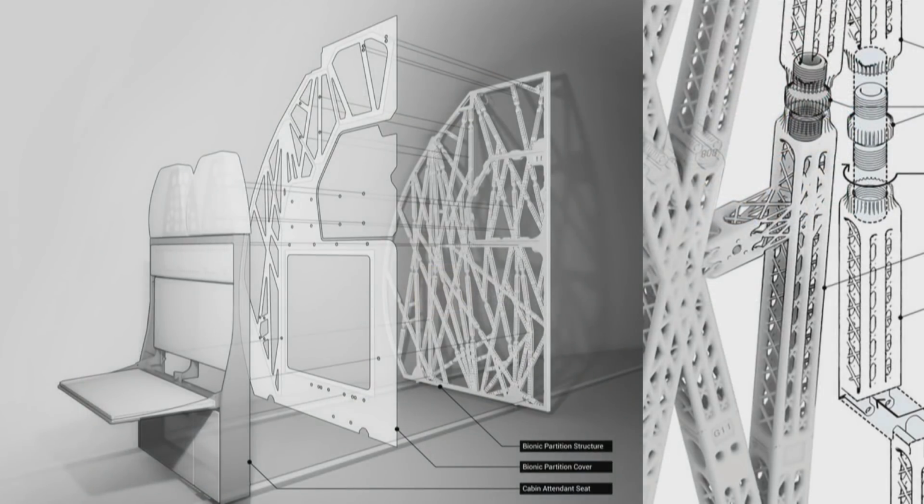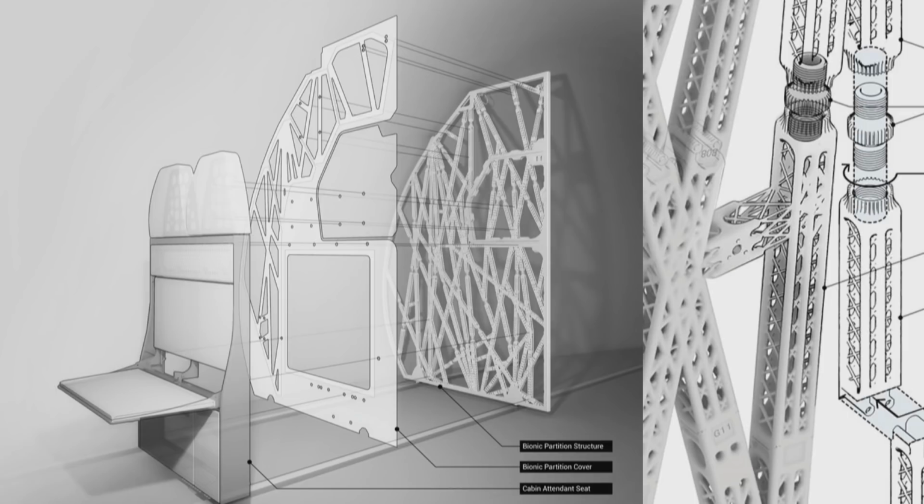What I love about this approach is that we not only optimize for strength, but we optimize for weight reduction. And what the Airbus team was looking to do was a 25% weight reduction. And they got a significant 40% weight reduction.